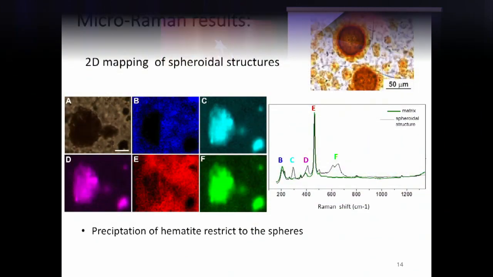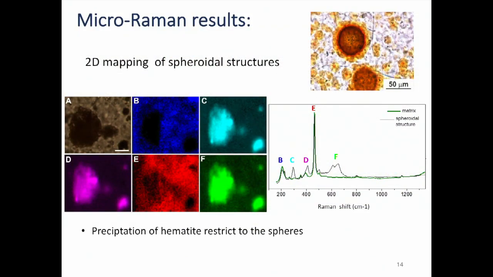Chemically, we have been using different techniques. This is just an example of the use of Raman spectroscopy, or micro-Raman spectroscopy, where we have studied the round structures, and we could map the surrounding, which is essentially quartz, and the inner part, which is essentially hematite. So there is a process that deposits hematite on the inside, and we are still discussing if this was primordial, just after the burial of the microfossils, or if there was diagenetic processing afterwards.